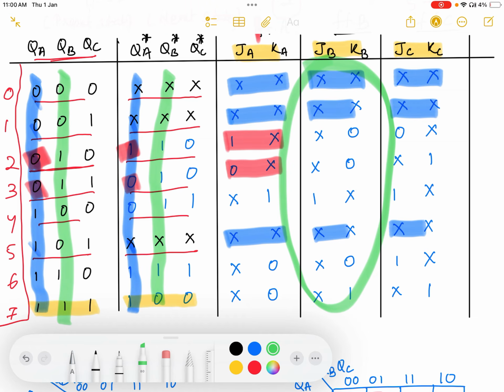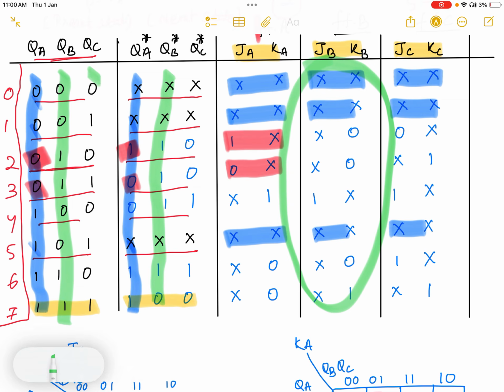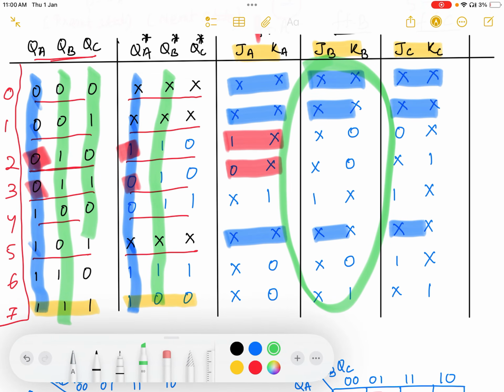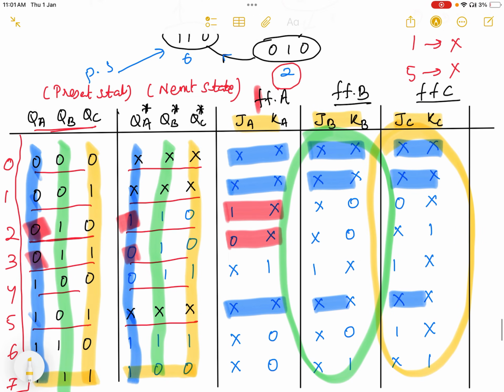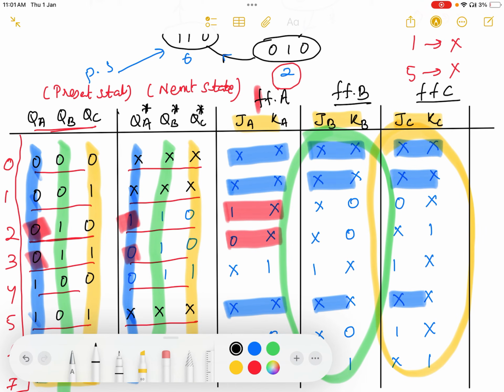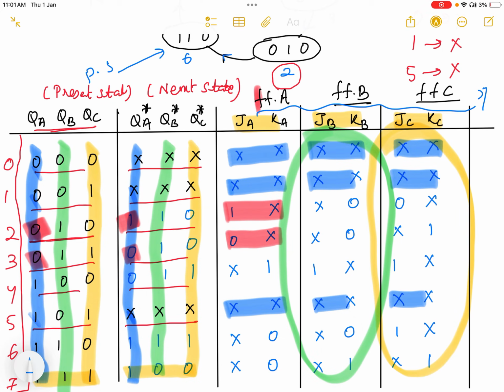Similarly for QC and QC star, I write JC and KC. So I got JA, KA, JB, KB, JC, KC, which are the 6 outputs, and QA, QB, QC are the inputs.